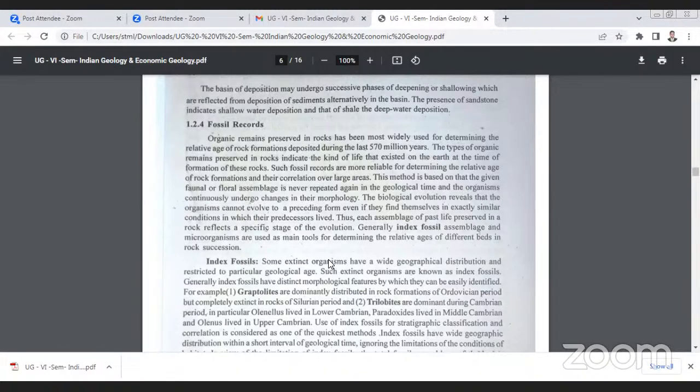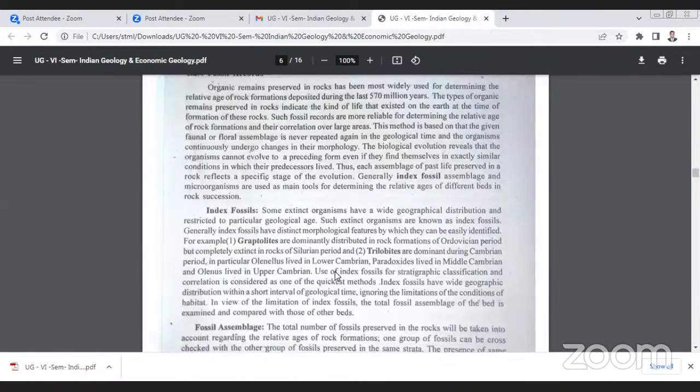The next one is index fossils. Some extinct organisms are found widespread over geographical areas. Depending on the geographical conditions, they may be distributed throughout the area, or sometimes restricted to a particular area. Such extinct organisms are known as index fossils.